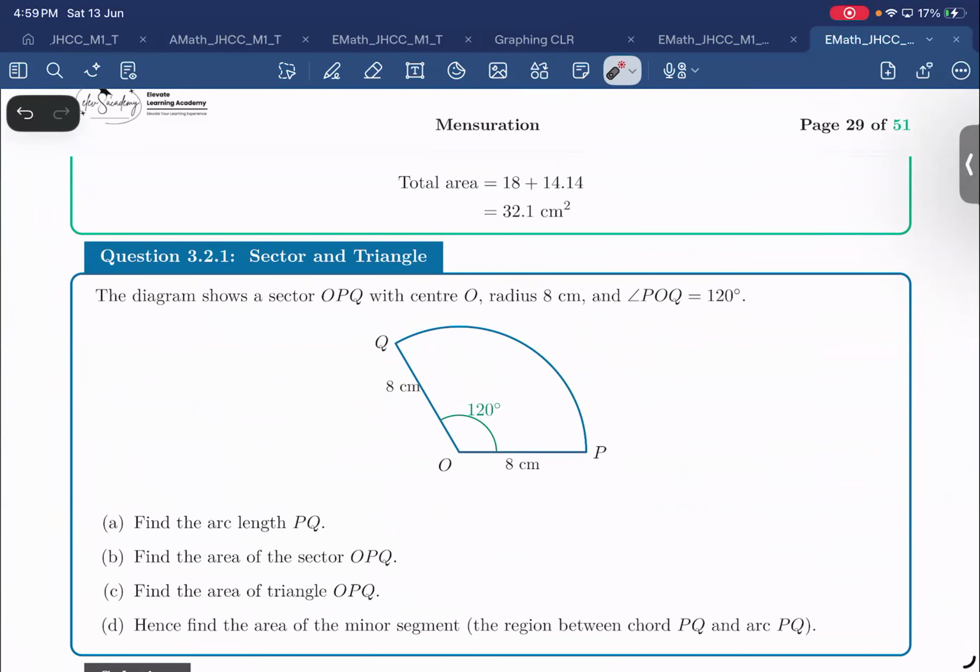Feel free to use any of the formulas. About a few more minutes.